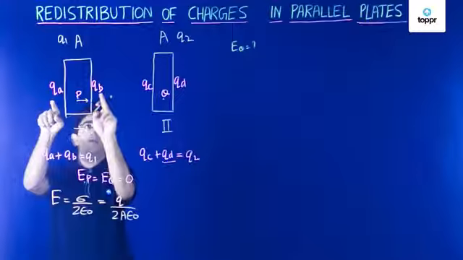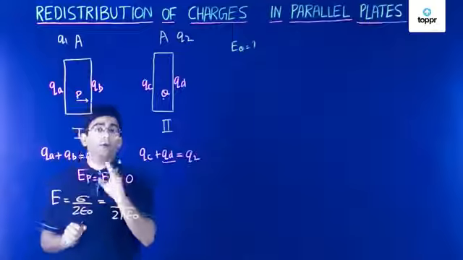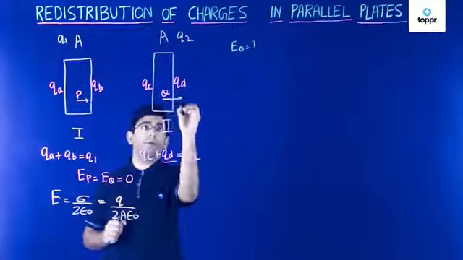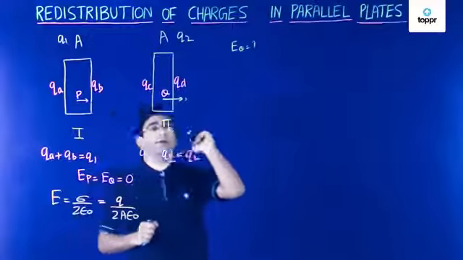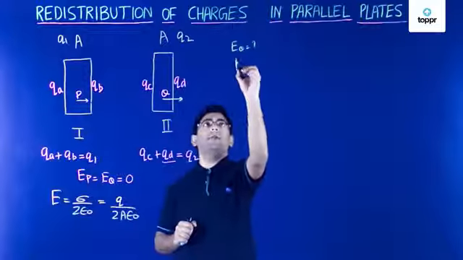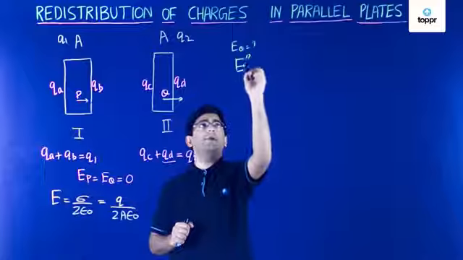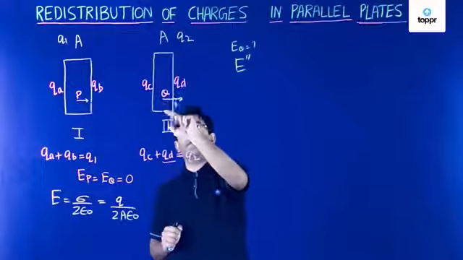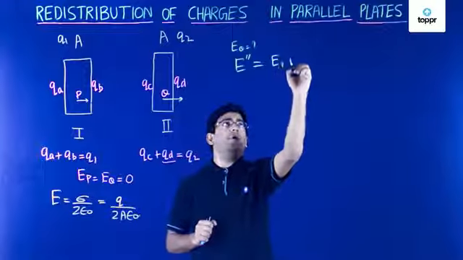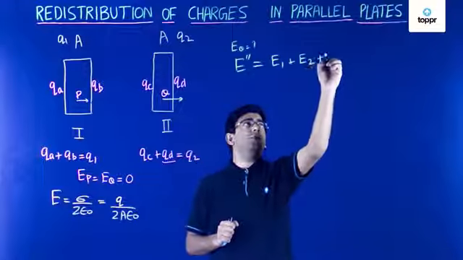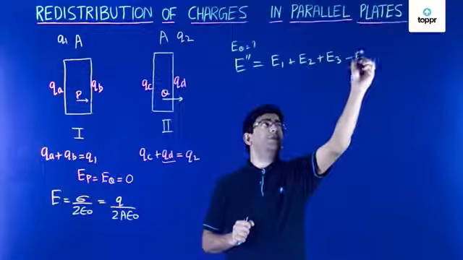QA, QB and QC would generate an electric field in this direction, and QD would give an electric field in the opposite direction. So the net electric field, let's say E double dash, at the point Q would be given by E1 plus E2 plus E3 minus E4.